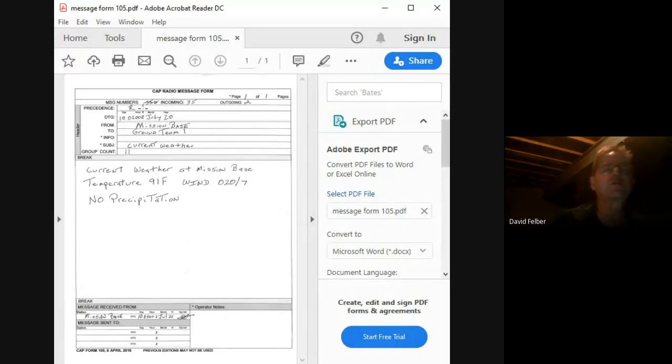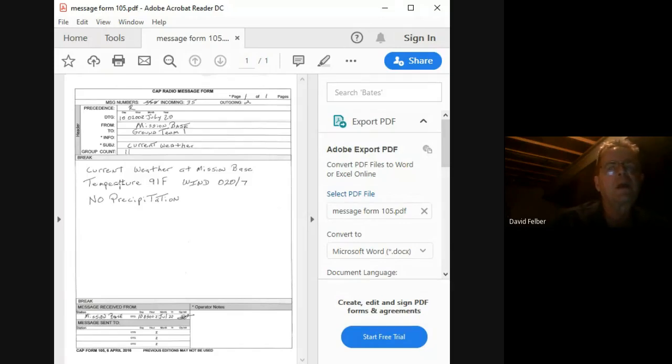The precedence was routine. The time was 10:02:00 Zulu, July 20. From mission base to ground team 1. No info addressee. Subject current weather. Group count 11. Break. Current weather at mission base.